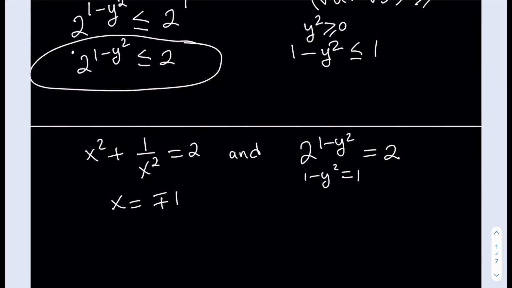And so this is basically going to give us the following solutions: (1, 0) or (negative 1, 0) in this case.